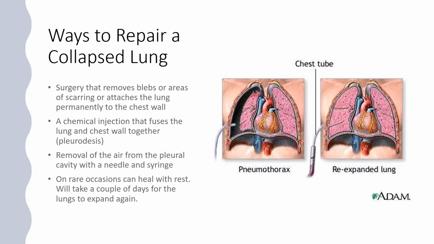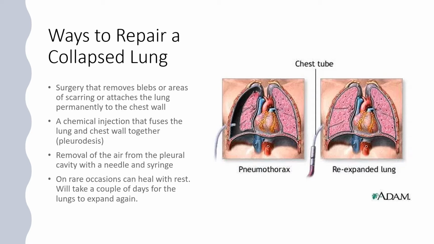Now, here are ways to repair your lung. There's surgery that removes blebs or areas of scarring or attaches the lung permanently to the chest wall. There's a chemical injection that you can have that brings the lung and the chest wall together. It's called pleurodesis.